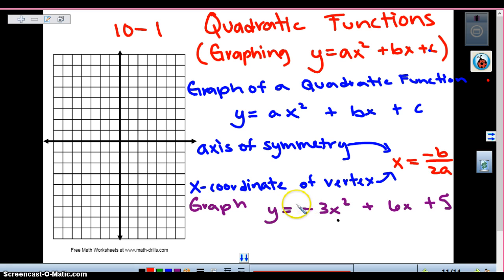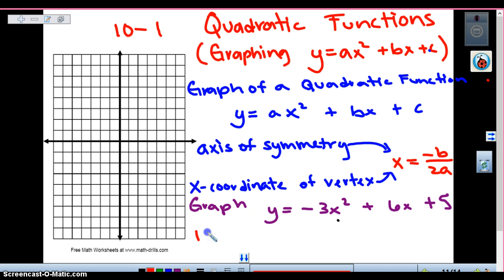It will open downward because the coefficient of x squared is negative. So this already tells me that my parabola will be opening downward. So will my vertex be a maximum or a minimum? A maximum. So let's start to graph this.